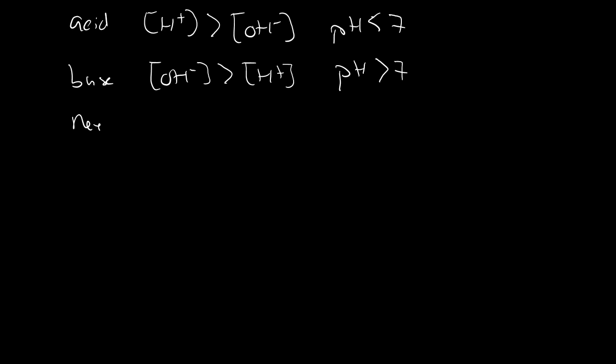If you have a neutral situation, that means your hydroxide ion concentration equals your hydrogen ion concentration, and your pH equals 7. And so that's how you can figure that out. If you know your hydrogen ion concentration or your hydroxide ion concentration and your Kw, you can find an unknown.